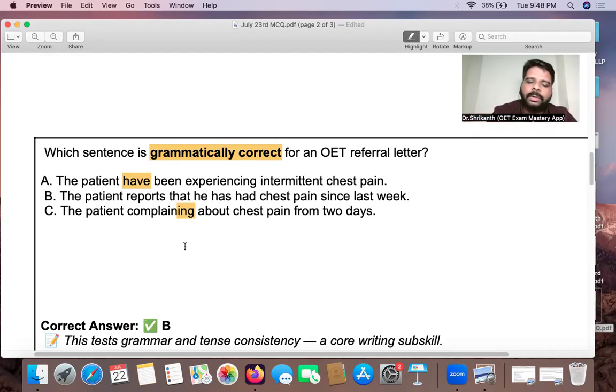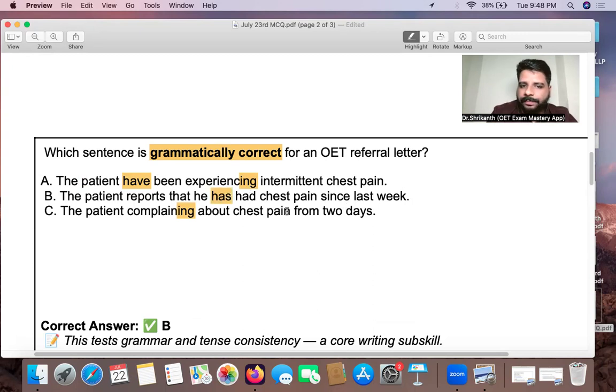Okay, this will not come. The patient has been complaining. Now see over here, ing is coming, right? So when ing is coming and there is just one singular person over here, then has been will come. So here has been is missing. Now you read answer option B. The patient reports that he has had chest pain since last week.